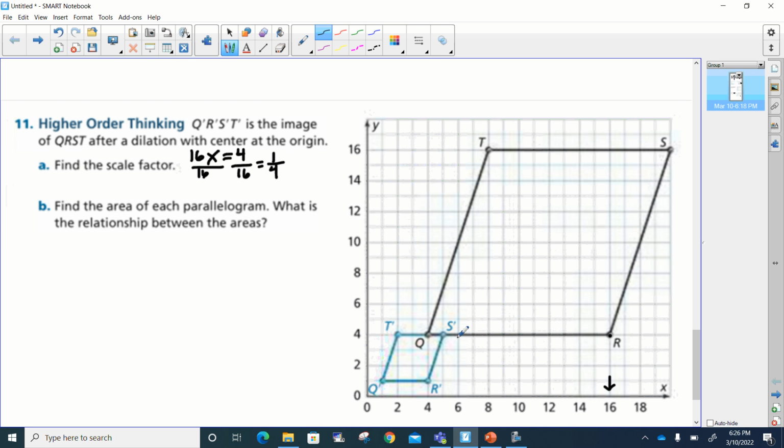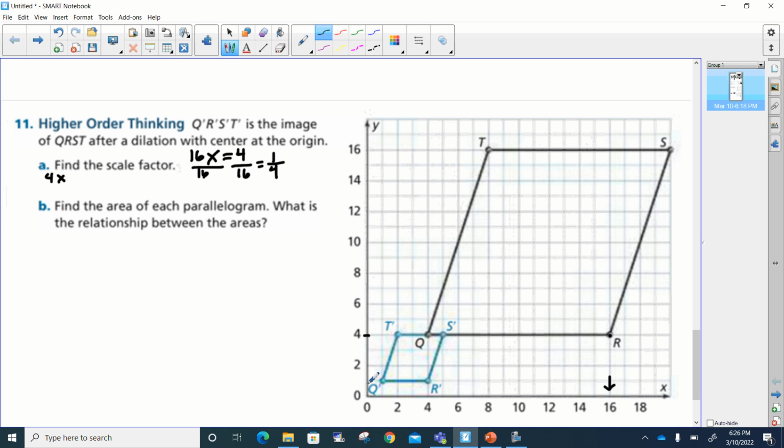Just to show you it could work with my y, I'm going to take r this time and use y. This time it would be 4, right? And times some scale factor. And then I would find where r is over here, and I've seen that it's at 1, right?